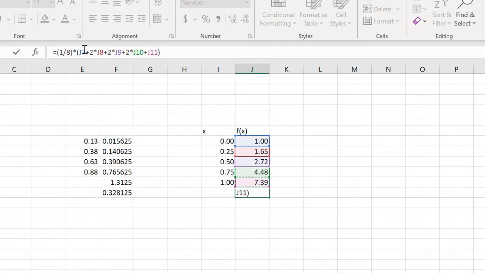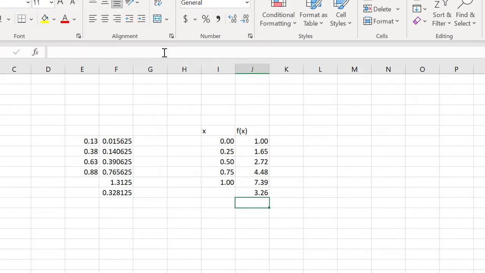We've got an eighth times the first one plus 2 times the second plus 2 times the third, 2 times the fourth, and the last one. And there we go. We get 3.26 for our trapezoid rule on this one.